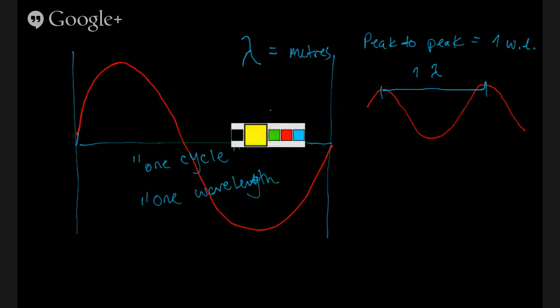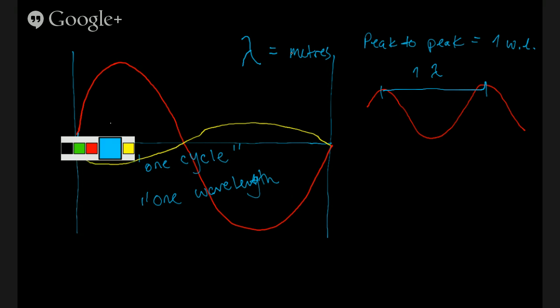And of course, since it is an electromagnetic wave, we do have an electric field which determines the polarization. The electric field is always perpendicular, so 90 degrees, to the magnetic field.